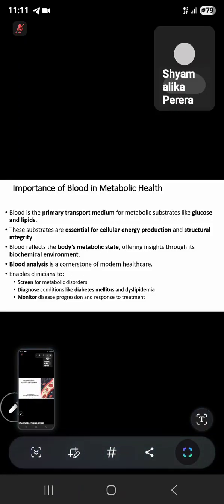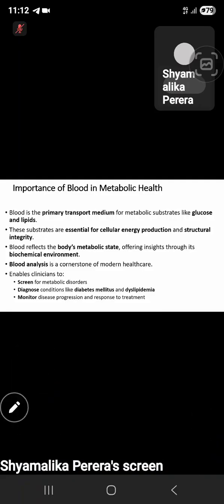Glucose and lipids are mainly important metabolic products in our body, and as we are receiving blood, blood is the main transport medium in our body. So all these lipids, glucose, proteins and everything are transported through this medium, and these things are essential for our cellular energy production as well as development.